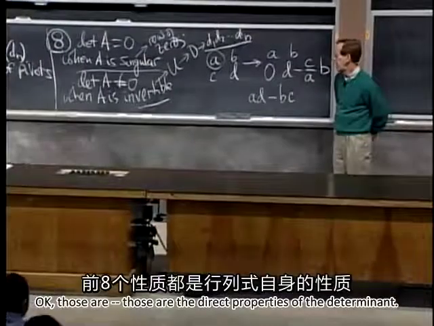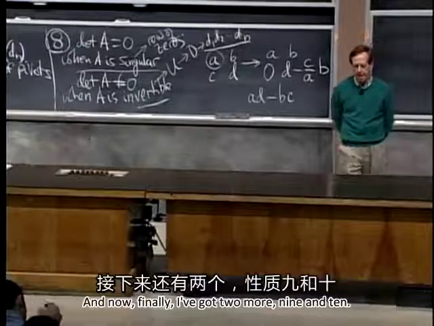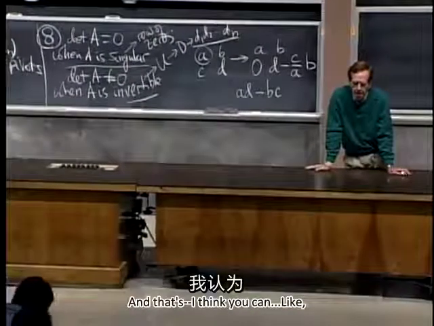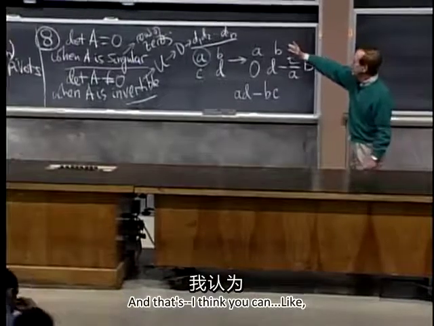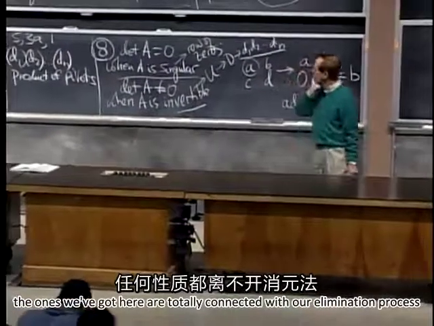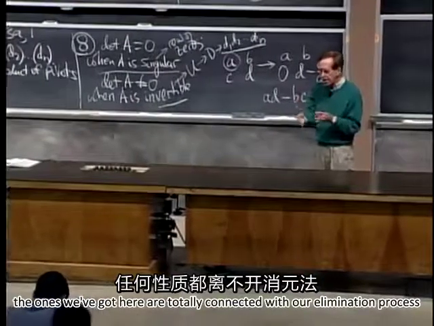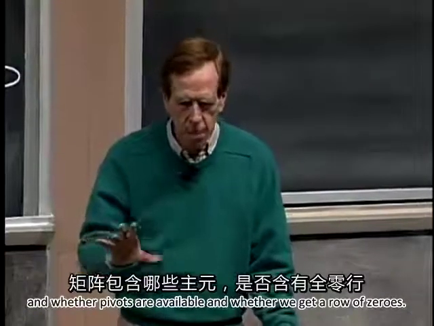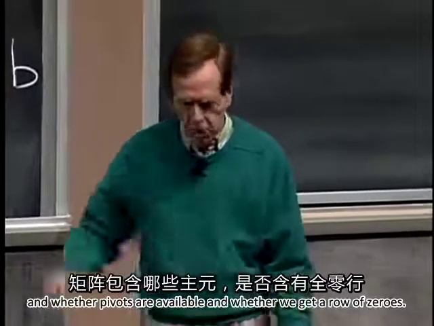Those are the direct properties of the determinant. And now, finally, I've got two more, 9 and 10. The ones we've got here are totally connected with our elimination process and whether pivots are available and whether we get a row of zeros.